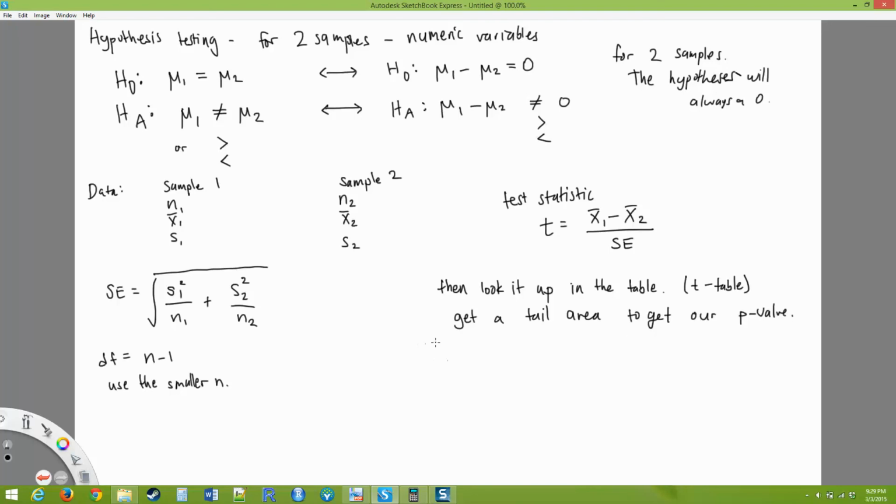Okay, basically if it's a one-sided test, the tail area is the p-value. And for a two-sided test, we do 2 times the tail area to get our p-value.